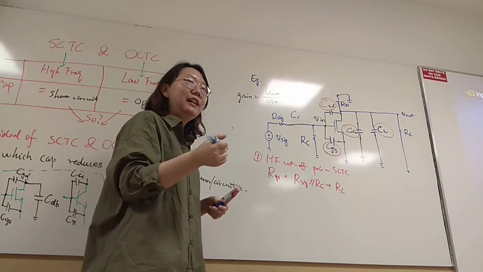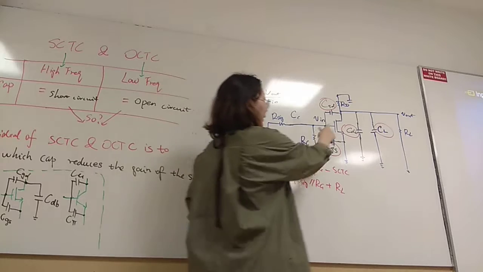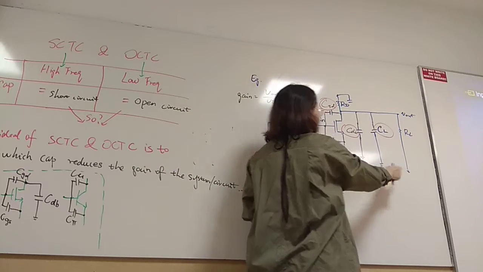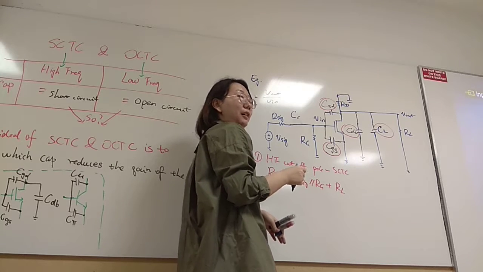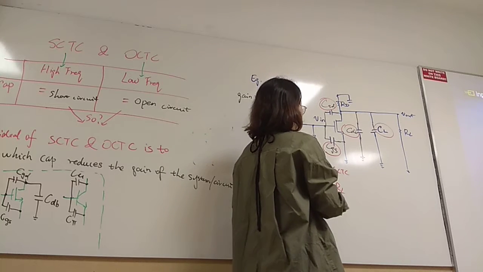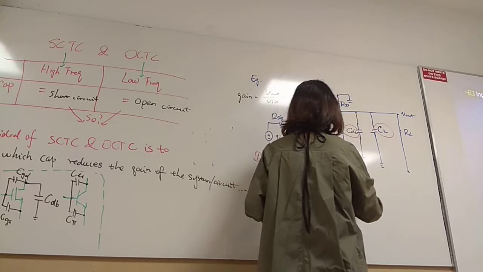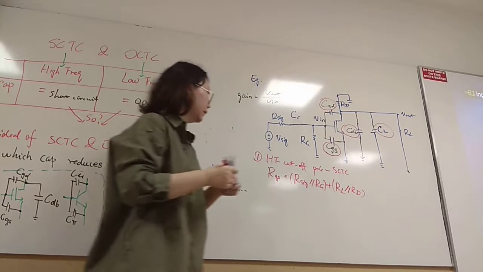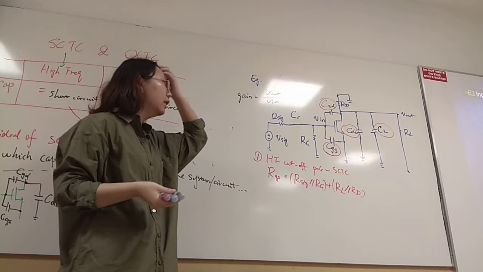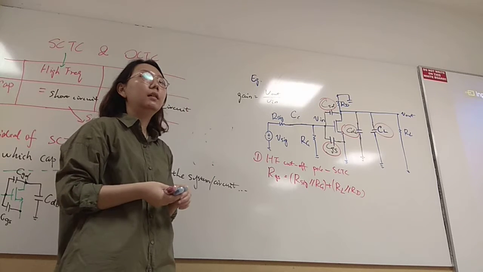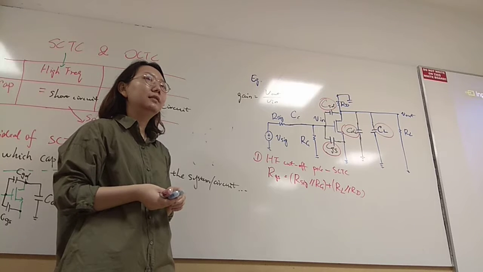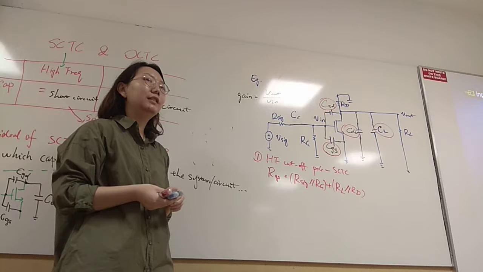RL and RD, they are parallel, right? Because this terminal they are connected together, and the other terminal they are also connected together. Both are ground. So it's basically RL in parallel with RD. So that's your RGS. Is that all?